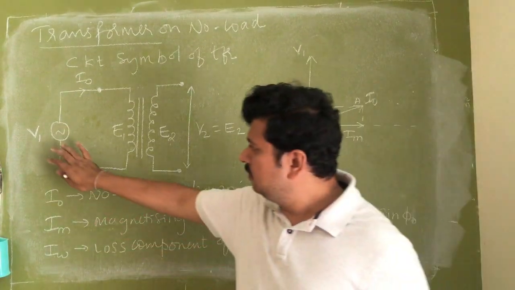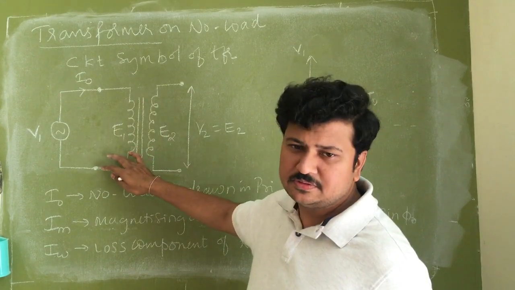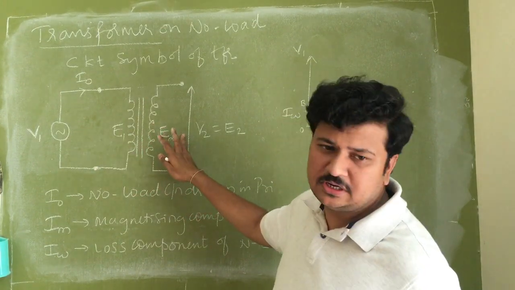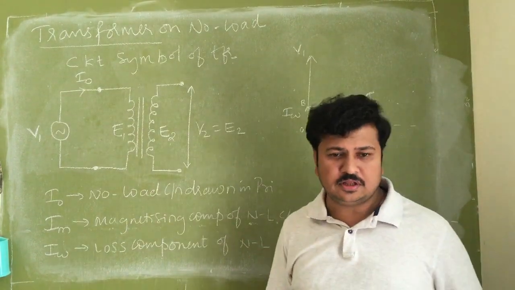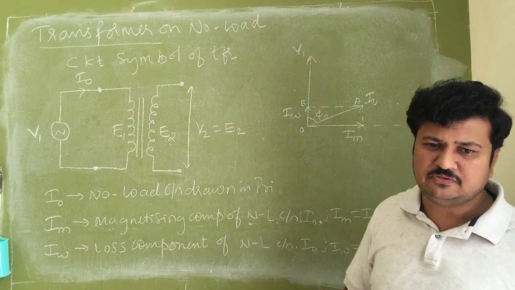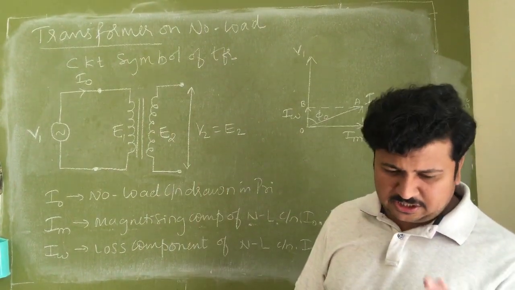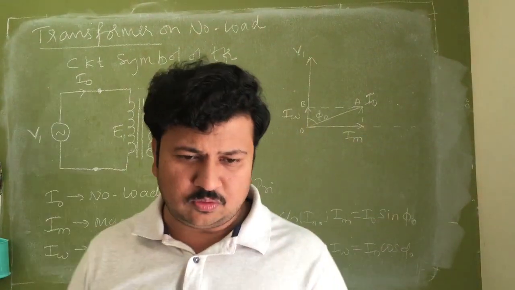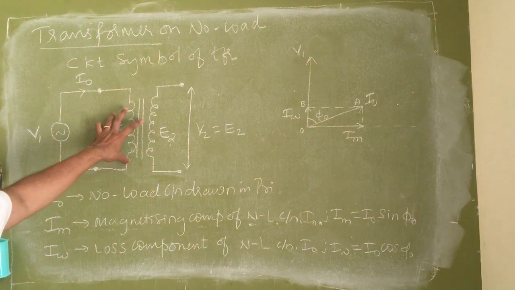Then whatever power I am giving from the source to primary is completely consumed in the winding itself. It won't be transferred to secondary. So when does the transformer start working for the required task? The task of a transformer is to transmit power from one circuit to another. It can transfer power from one circuit to another only when all the losses in the transformer are satisfied.